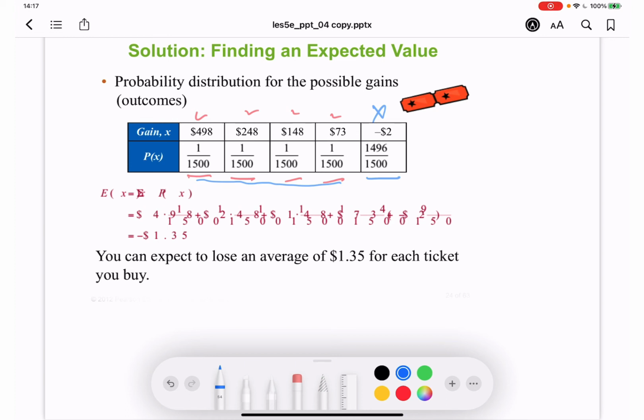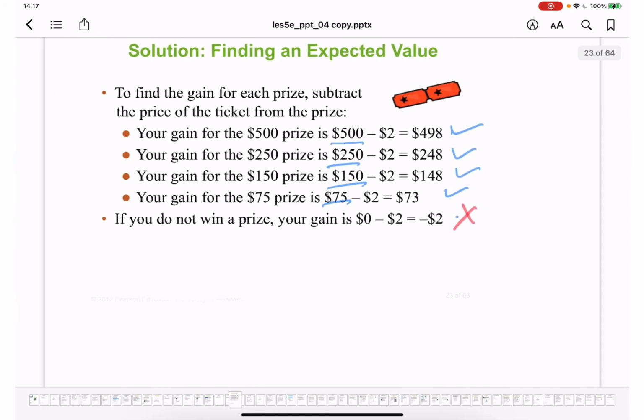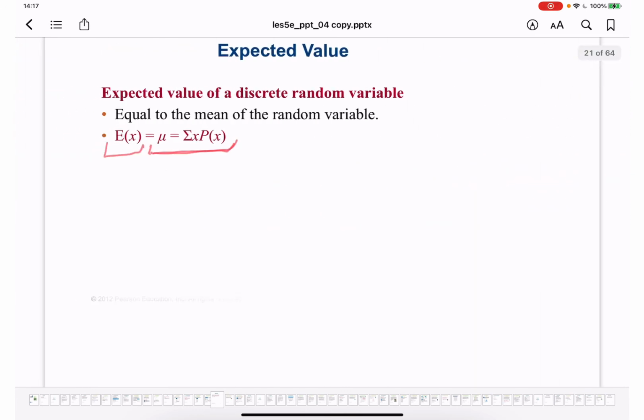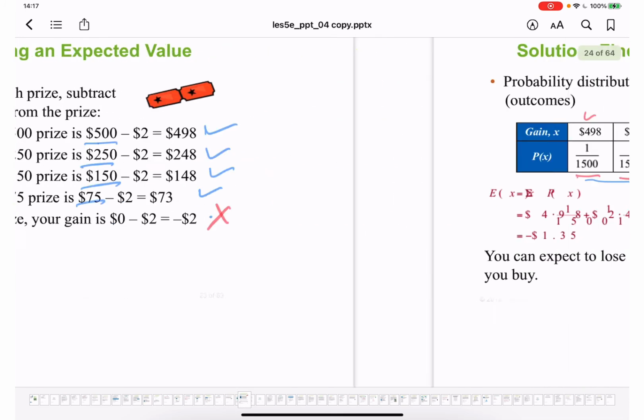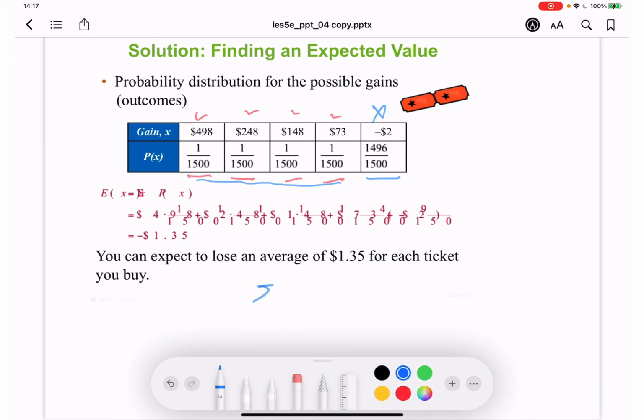Now, we know that the expected value or average is equal to the sum of x times probability of x, and that's our expected value, or mu also.